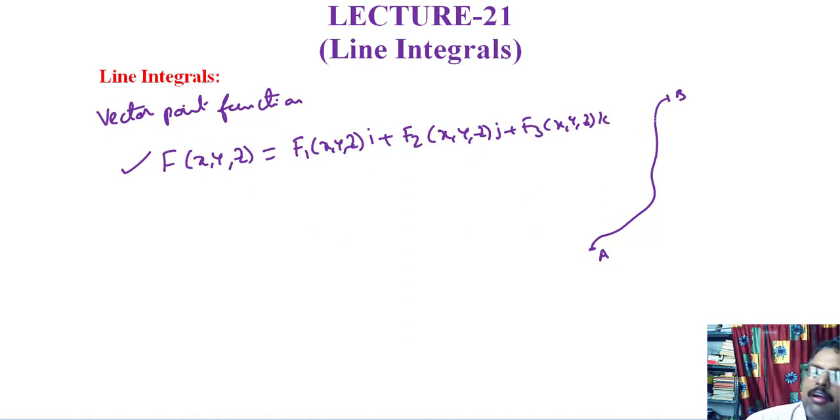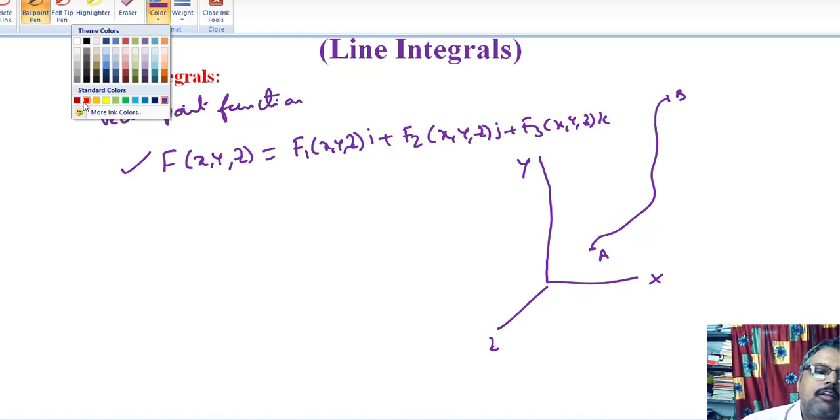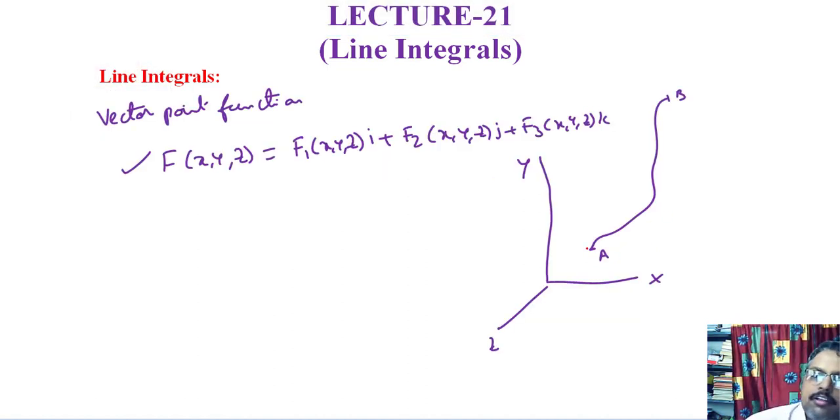Suppose you take a curve in three-dimensional geometry. It has an infinite number of points. I will take a few points with red color. This is the first point, another point, another point. We have an infinite number of points, but I will take a few. At each point you will get an ordered triple.